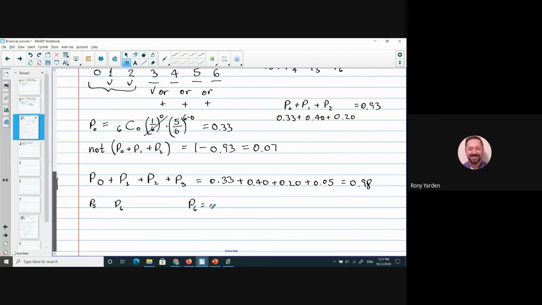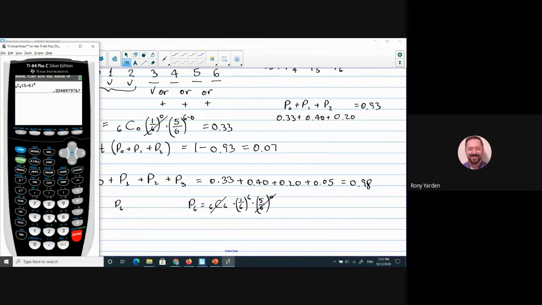So we have 6C6 because X is 6 now and N is 6, times 1/6 to the power of 6, times 5/6 to the power, if you remember, of N minus X, but N minus X here is 0. So let me tell you something. This is 1, this is 1. So we have 1/6 to the power of 6. This should be a very, very small number. So let's just try it.